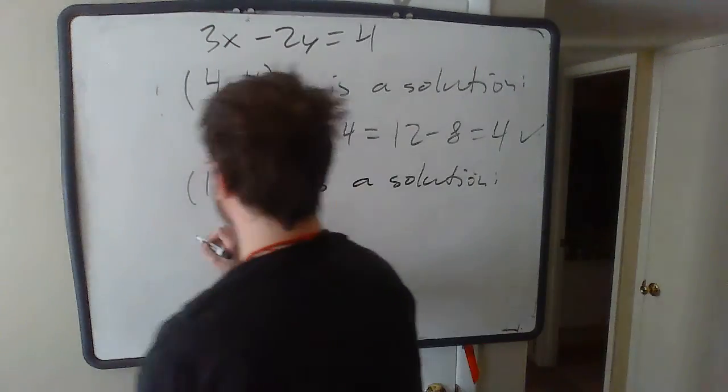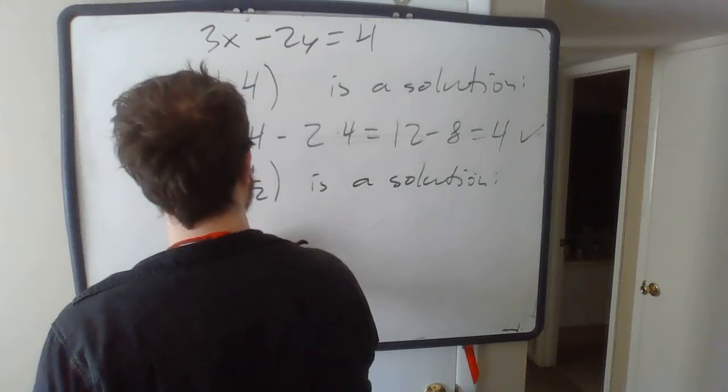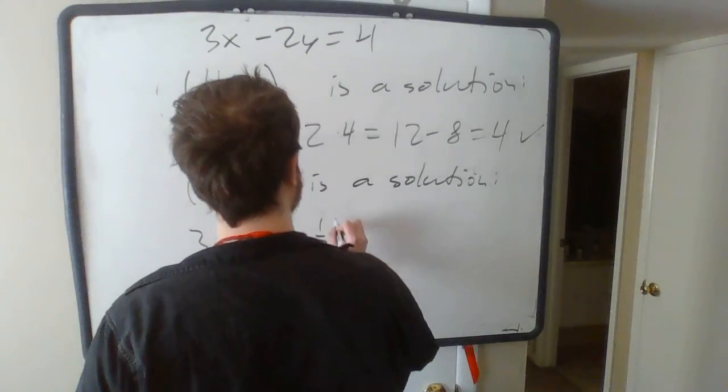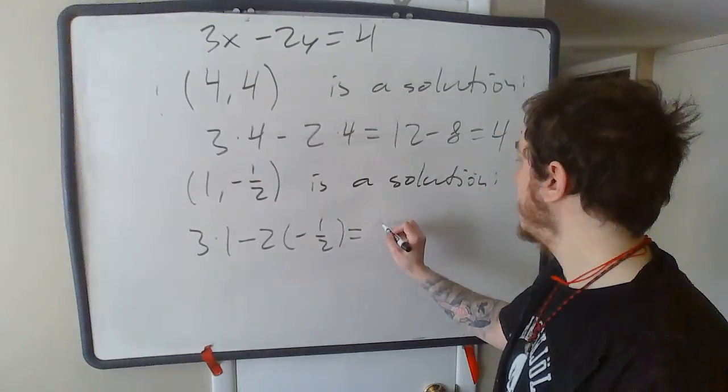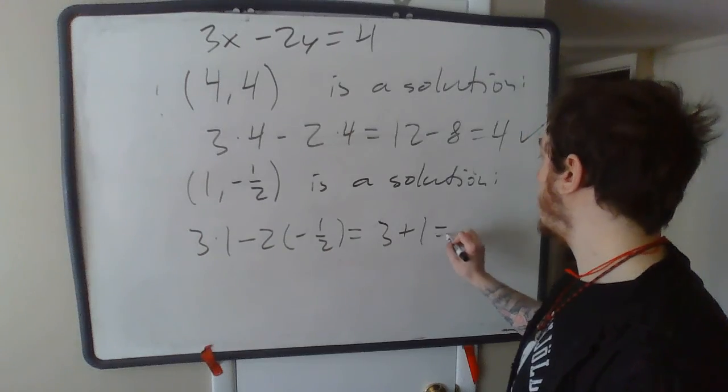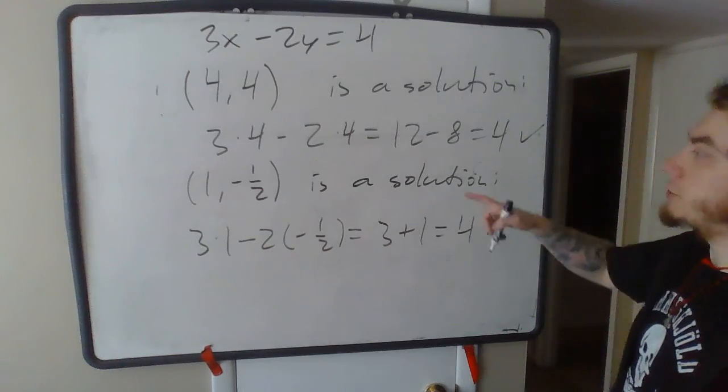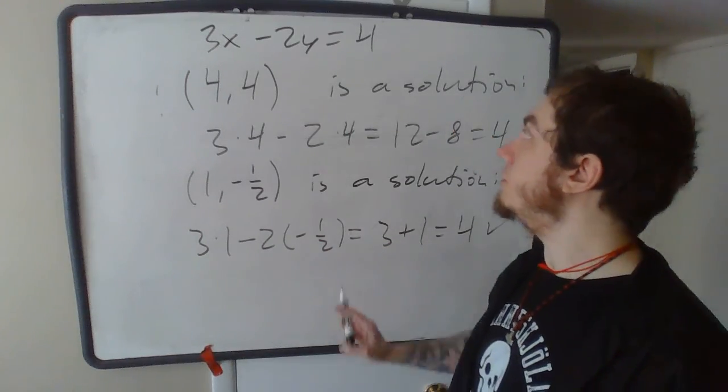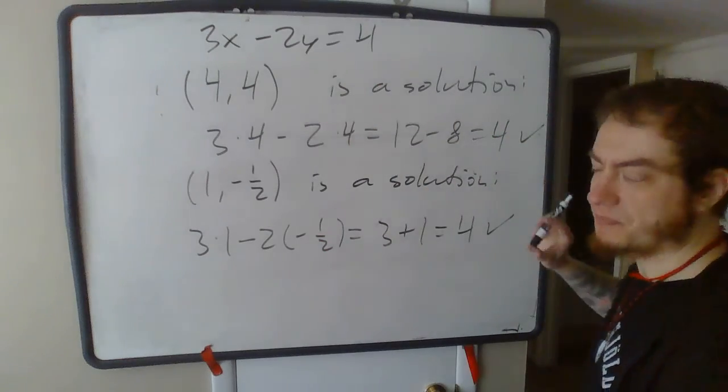Just to check it, we would have 3 times 1 minus 2 times negative 1/2. That's going to be equal to 3 plus 1, which is equal to 4. So these pairs are solutions to this equation.